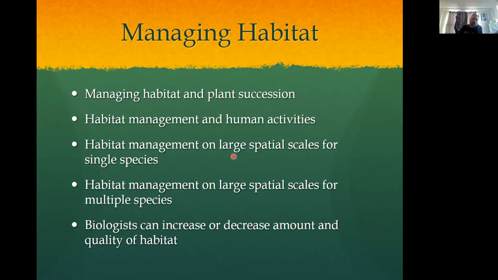Obviously, we continue talking about spatial scales, right? The problem with large spatial scales is the larger you get, the more different animals you have to consider. It's like government, right? Your mayor only has to care about the citizens of the town you live in. But as you get farther out in the government scale, you talk about the governor.